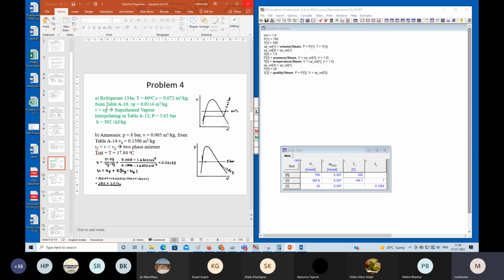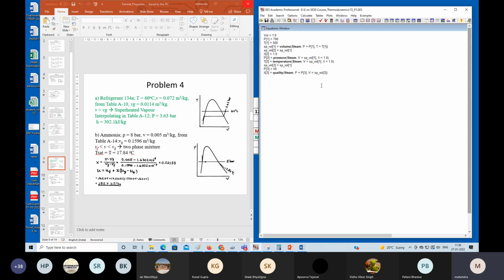For problem number 4, A, B, C are there. I'll show you A and B, and then C you can calculate. Is problem number 3 fine? Shall we move to problem number 4? Because problem number 5 and problem number 6 are very interesting. Once we complete problem number 4, we can solve them within our time.